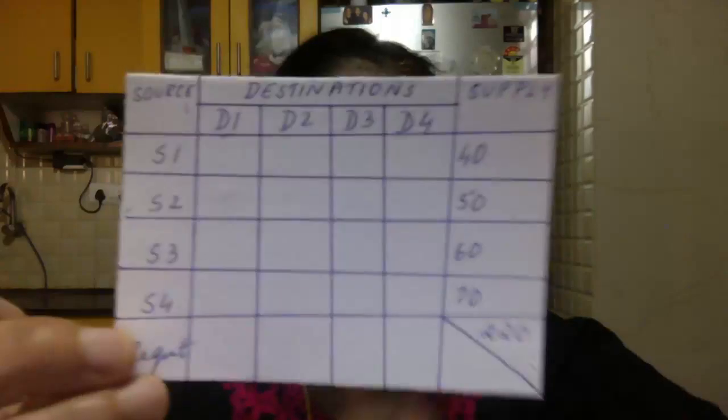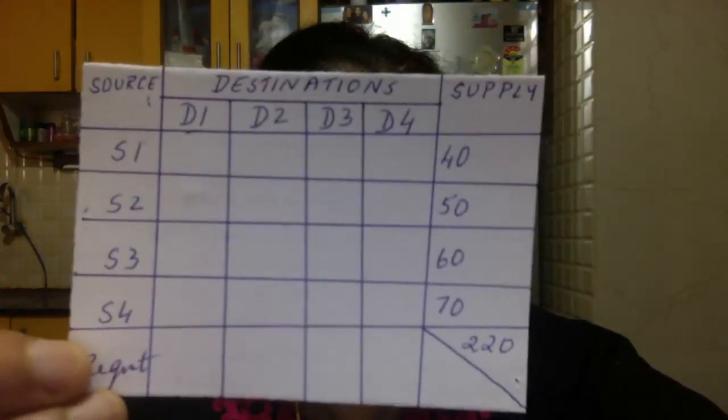I'll give the requirement the same way. How shall we give it? I'll make it 80, 70, that is 150, 30, 180 and 50.